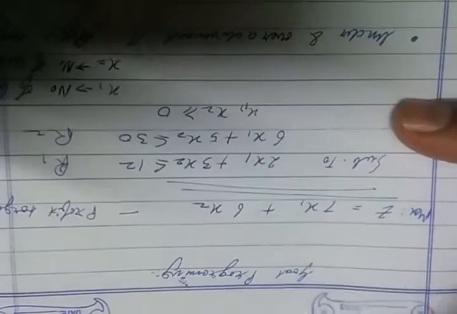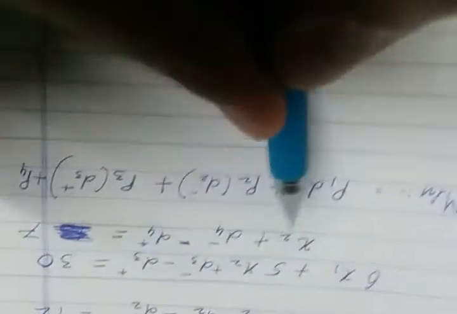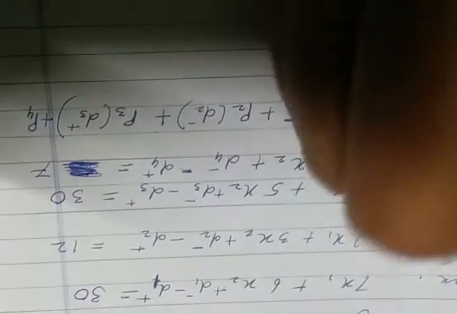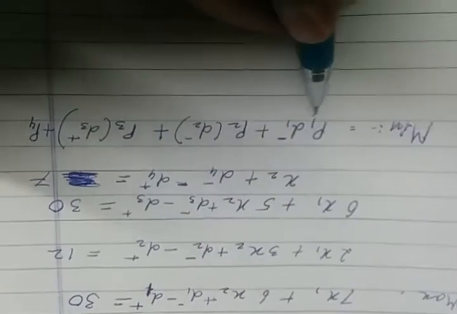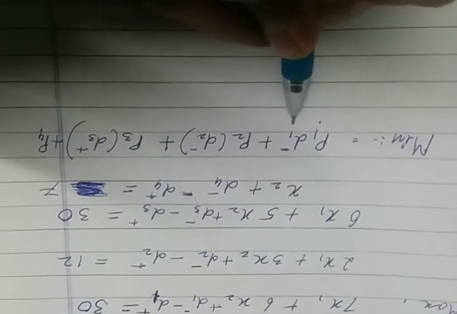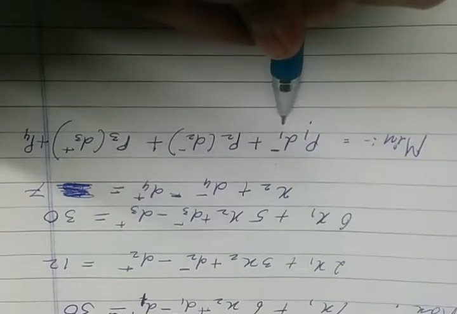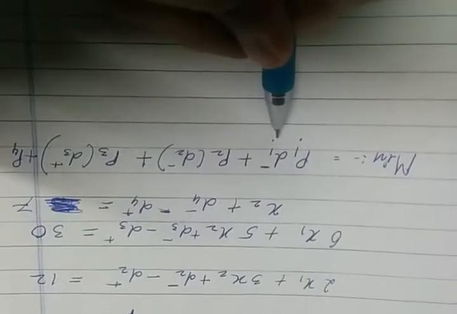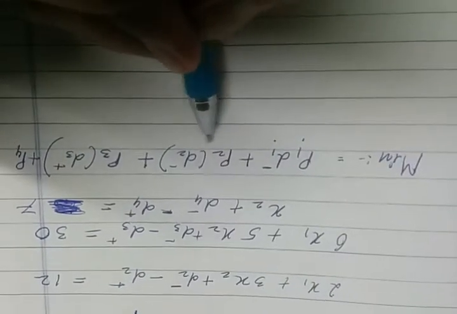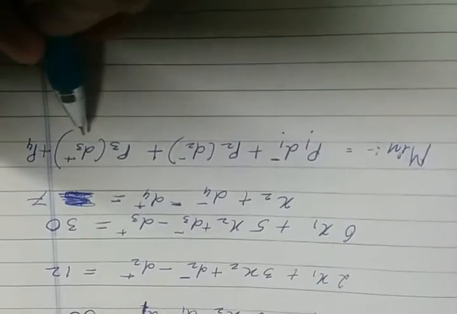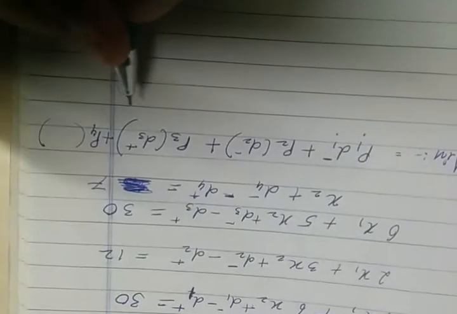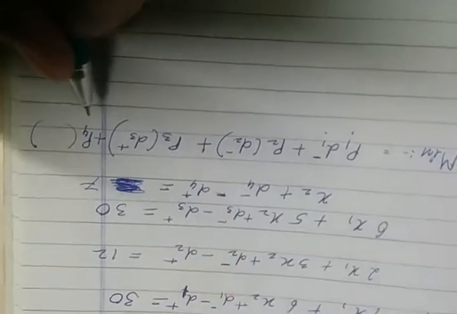So my new objective, instead of the main objective, according to goal programming, is to minimize P1 d1 minus plus P2 d2 minus plus P3 d3 plus. I have shown you why d1 minus, we have already covered it. Now let's see what will come in this last term, P4.